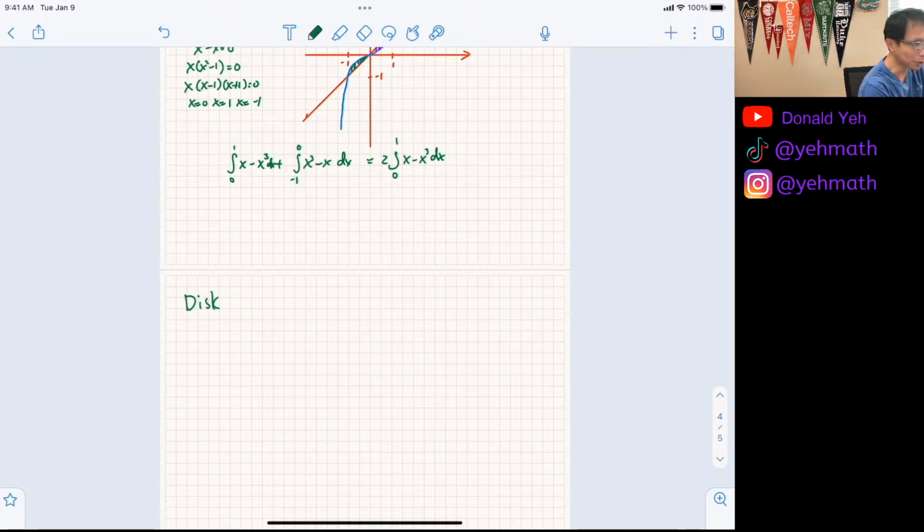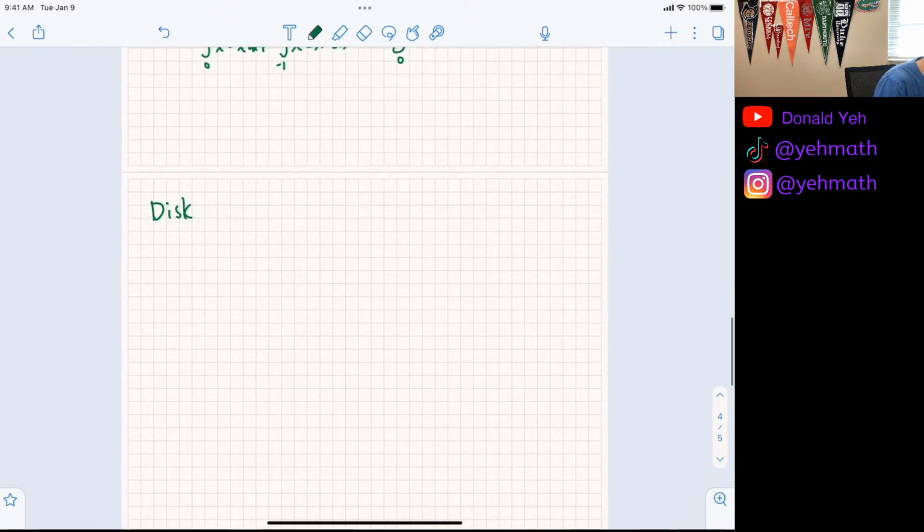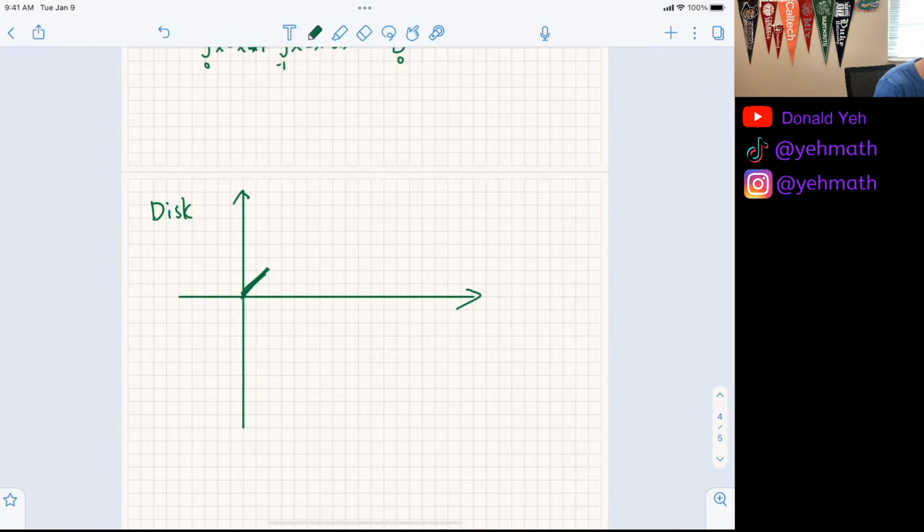All right, so disk. The idea of disk is a simple one. Let's just say I want to find the volume of a cone. It's just a simple line like this, y equals x, and you rotate it around the x-axis.